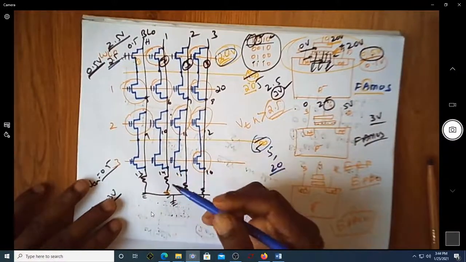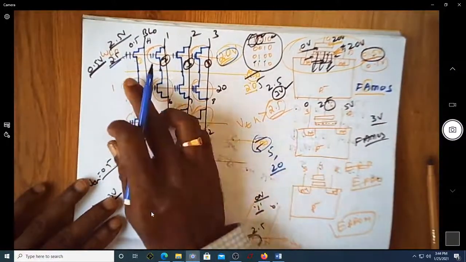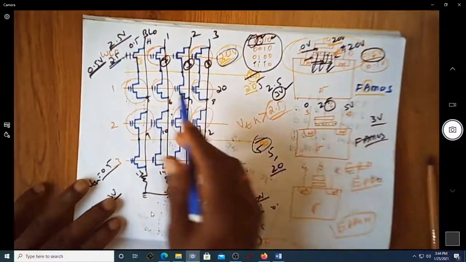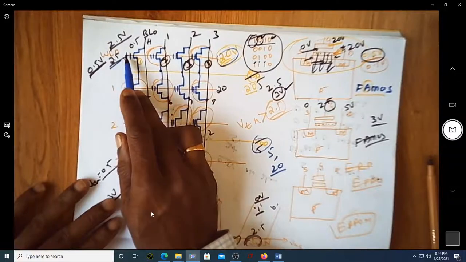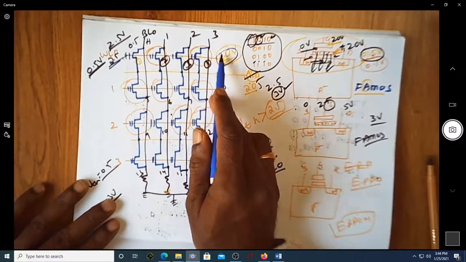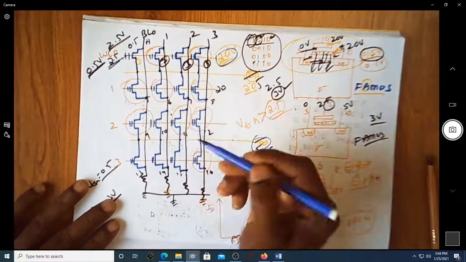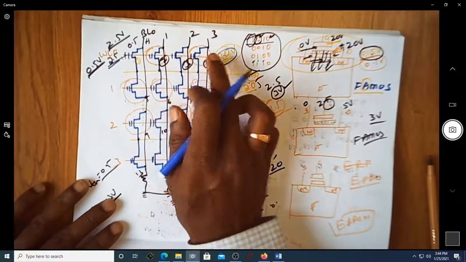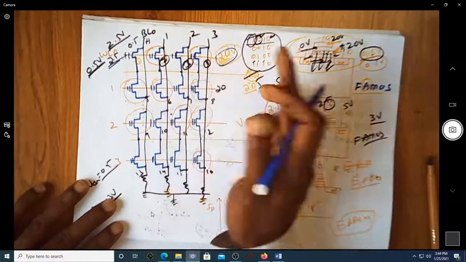One more disadvantage with this floating gate MOSFET in EEPROM is that, as we discussed, the gate voltage will sometimes be made 20 volt and sometimes 2.5 volt, during the programming time and during the access time.